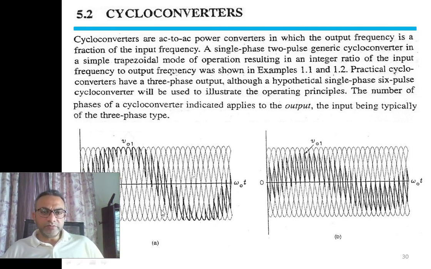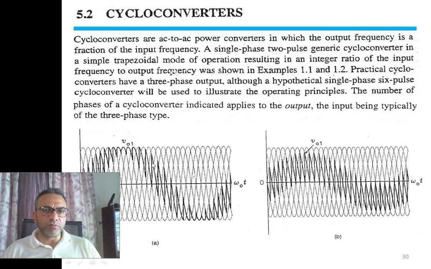So in this diagram, part number A, we see the dotted lines. These dotted lines represent the main frequency three-phase input voltage. The dotted lines have a constant output voltage and a frequency which is larger than the output frequency of the cycloconverter. These dotted lines are the main frequency, three-phase main frequency that we are obtaining from our utility supplies.